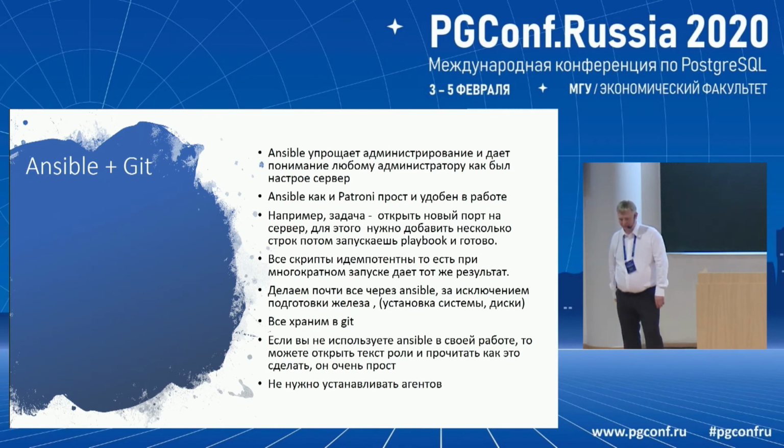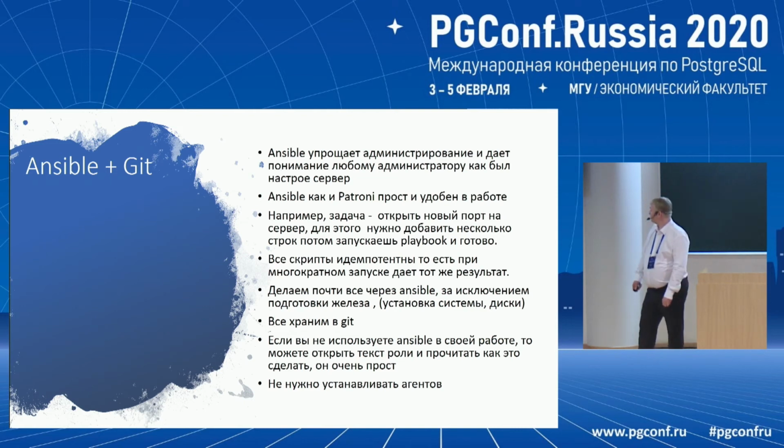For example, the production server is operating. We launch Ansible, and we need to open a port. I can launch a playbook that will open the port, and I won't need to do anything manually. I can do everything in the automated mode. So it is very convenient.